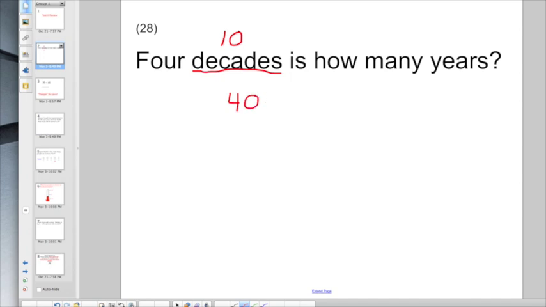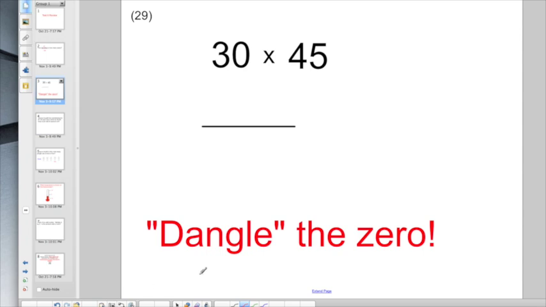Let's keep checking it out. Here's one. Remember, you got to go and dangle the 0. Right now, that is the only way of multiplying a 2-digit number that technically I've taught you. Maybe you had a little bit of experience in 4th grade, maybe you didn't. And I still see some people trying to dangle the 0 up on top.